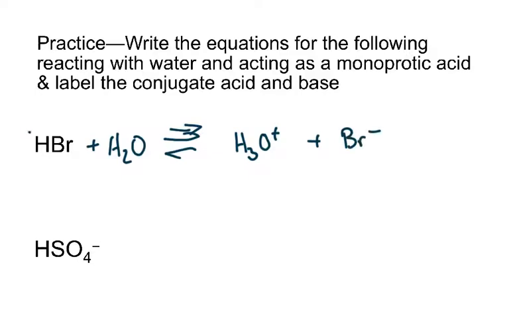We have our acid, our base, which means that our H3O+ is the conjugate acid and the Br- is the conjugate base. So your acid always becomes the conjugate base, your base becomes the conjugate acid.